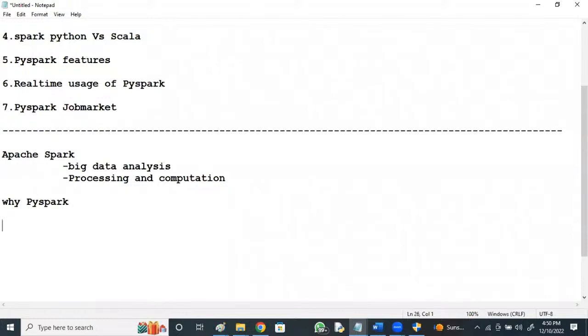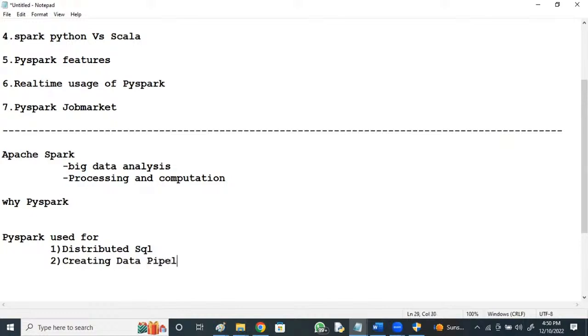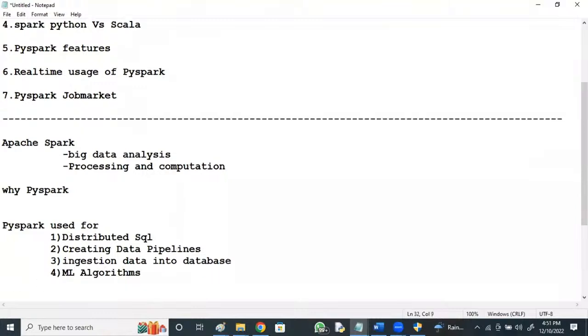So why PySpark? Just observe, it is used for running distributed SQL, creating data pipelines, ingesting data into a database, for ML algorithms, and for graphs or data streams.